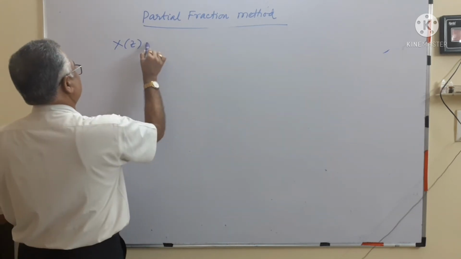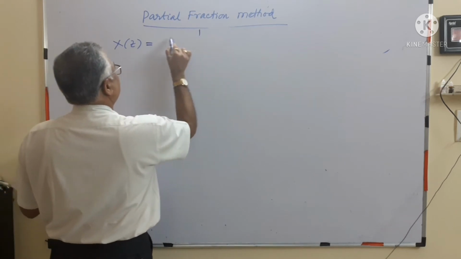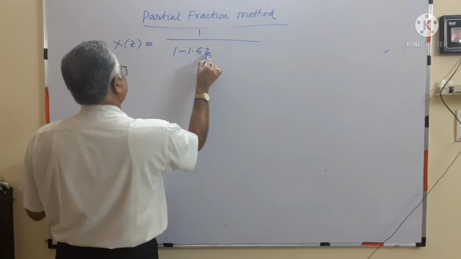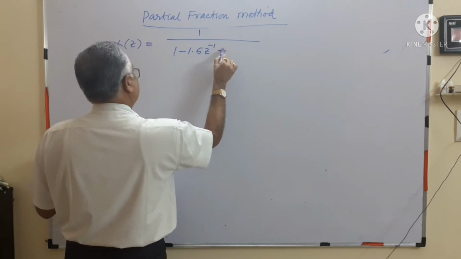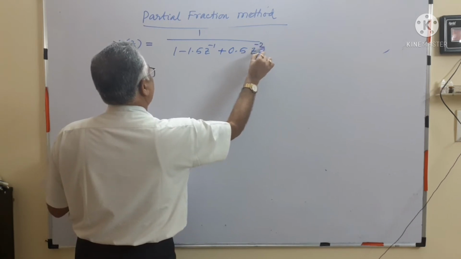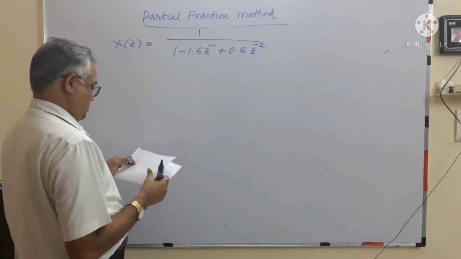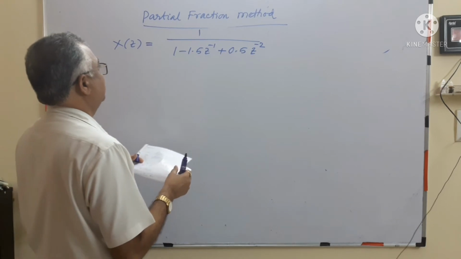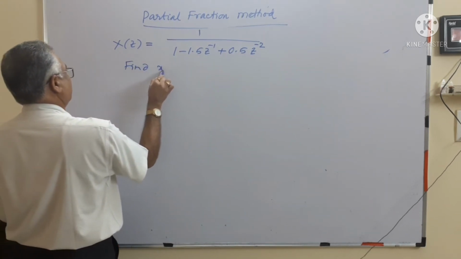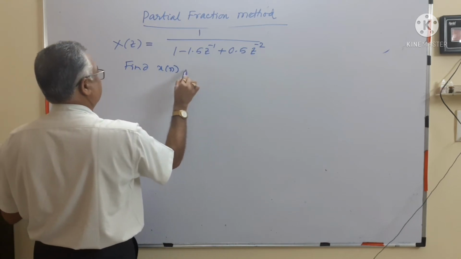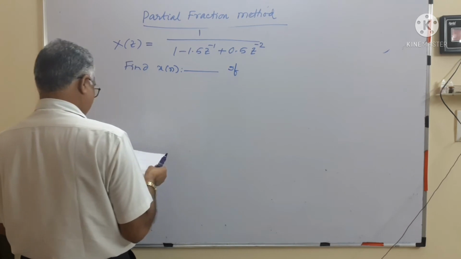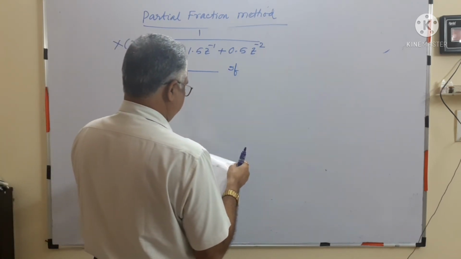Next problem, X of z is 1 by 1 minus 1.5 z inverse plus 0.5 z power minus 2. Here find X of n if mod z greater than 1.